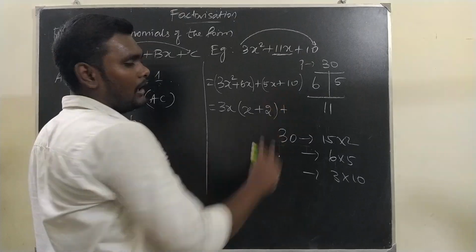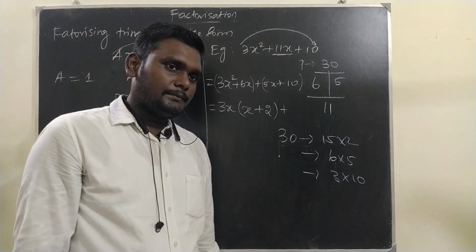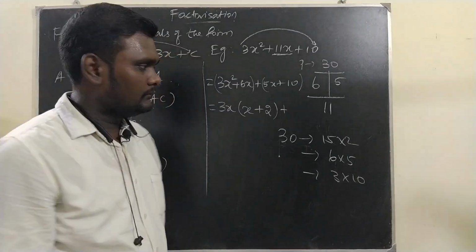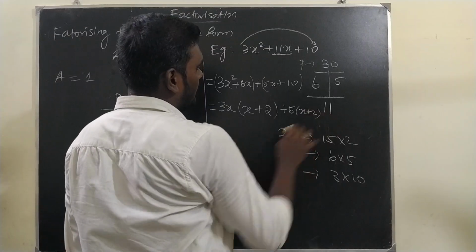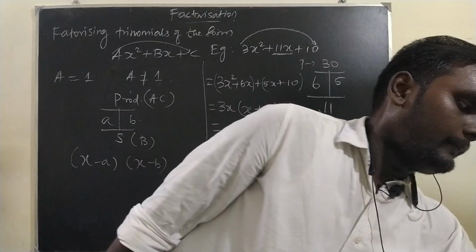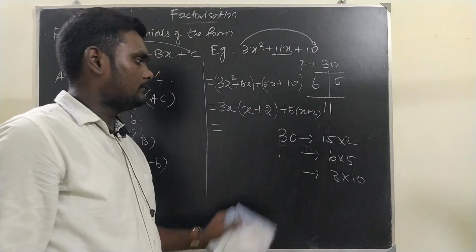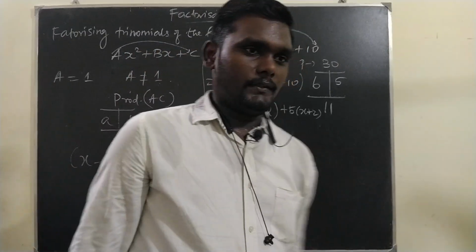Now from these two, any common factor you find? 5. So we will take 5, so it is x + 2 again. Now how many terms are there? Two terms.